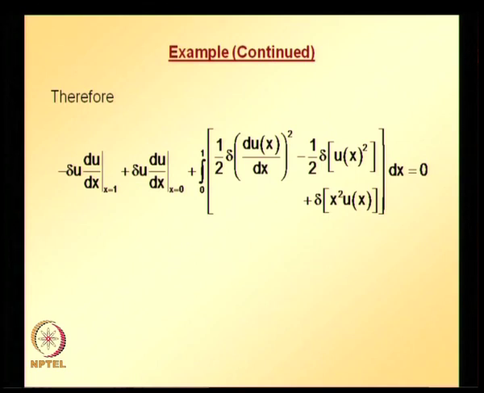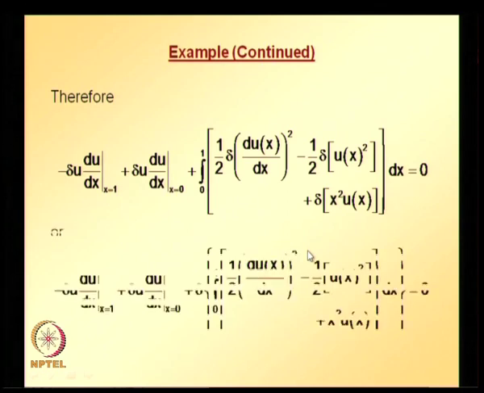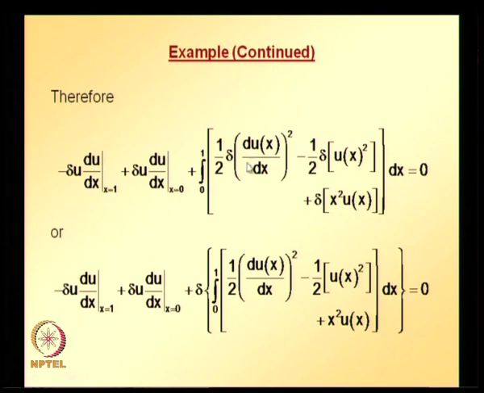And if you see this equation, somehow we need to eliminate these first two terms, so that we can bring this into the form variation of some quantity inside the brackets is equal to 0, and this can be further simplified. Here you can see inside the integral you have variation of the second derivative of u square, variation of u square and variation of x square u, and one half is like a constant.